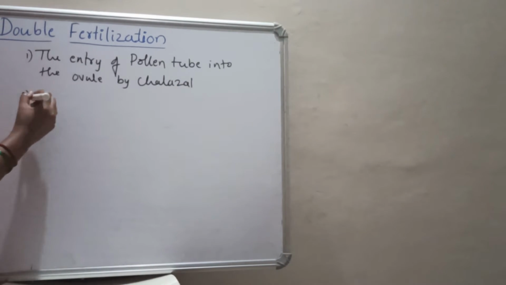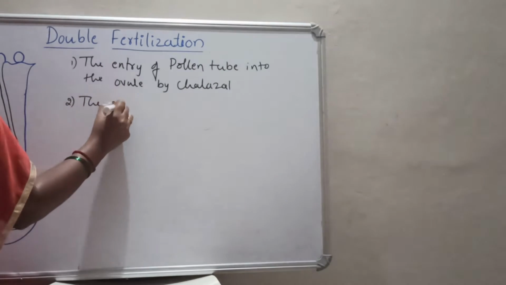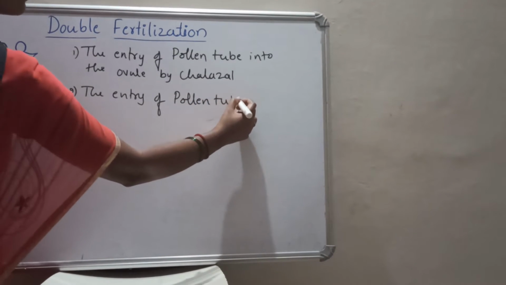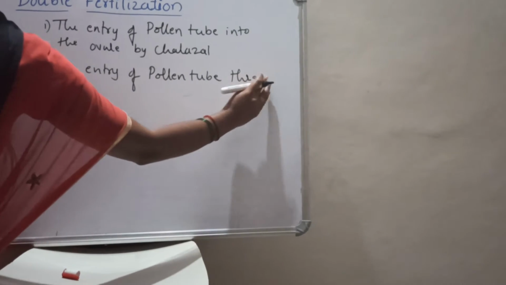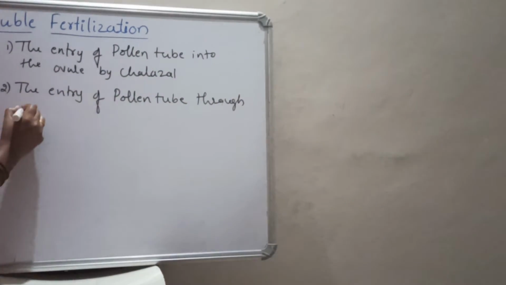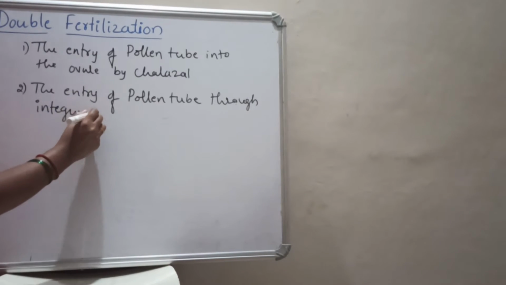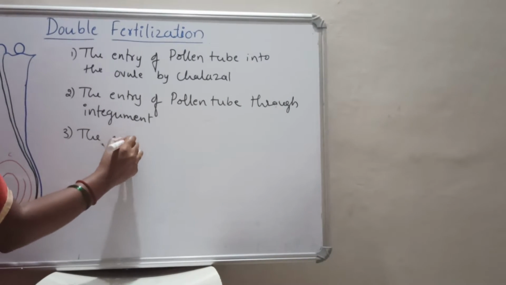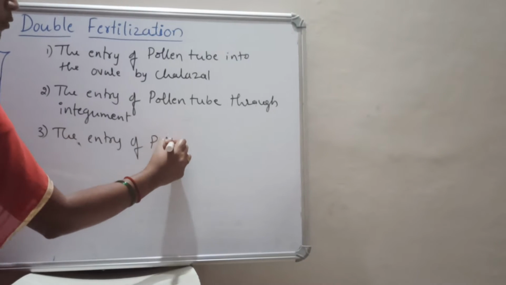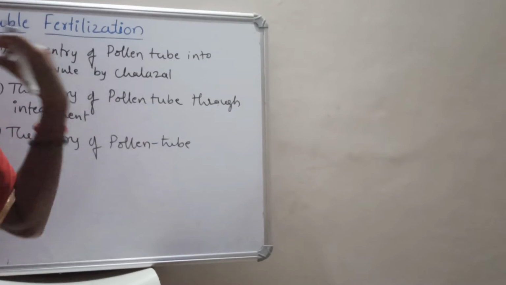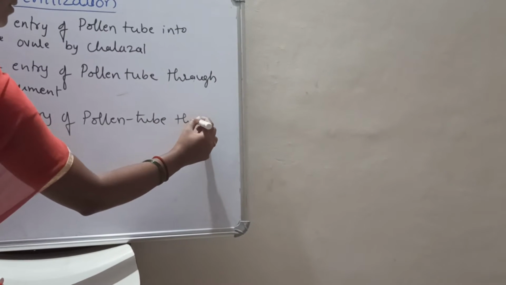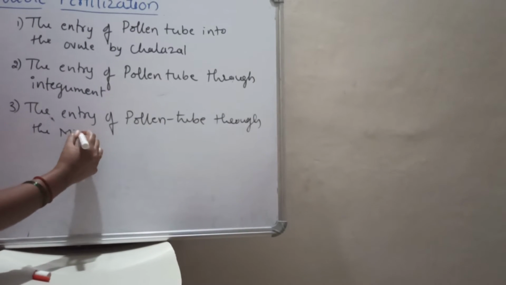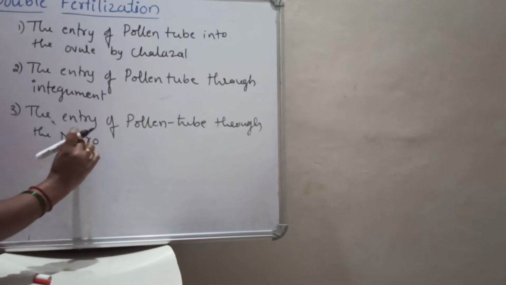The second possibility is the entry of the pollen tube through the integuments, and the third possibility is the entry of the pollen tube through the micropylar region.